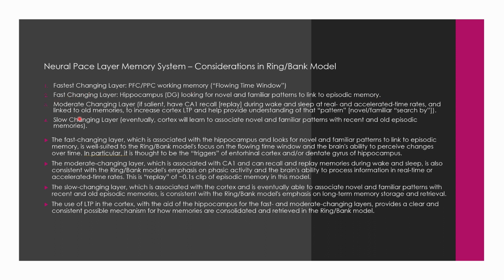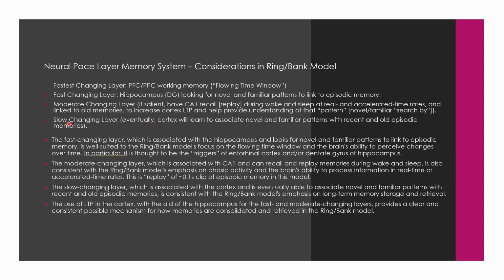Still in the hippocampus, you would have the moderate changing layer, and this would be CA1, recalling or replaying particular memories if they are salient. So you're starting to see this thing where, okay, if I'm encountering it a few times, or if it's salient, then I'll go ahead and replay it. You're starting to see this kind of moderate pace. And then the very slowest would be the cortex.